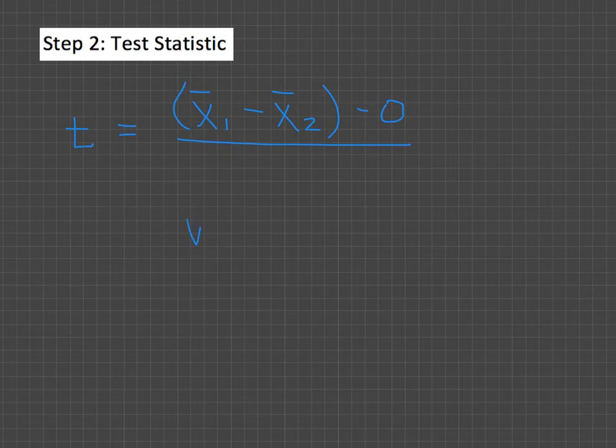And in the denominator, we have the square root of the sample standard deviation from the first sample squared, which is the sample variance, over the sample size from the first sample, plus sample 2 standard deviation squared, or the sample 2 variance, over the sample size of sample 2.